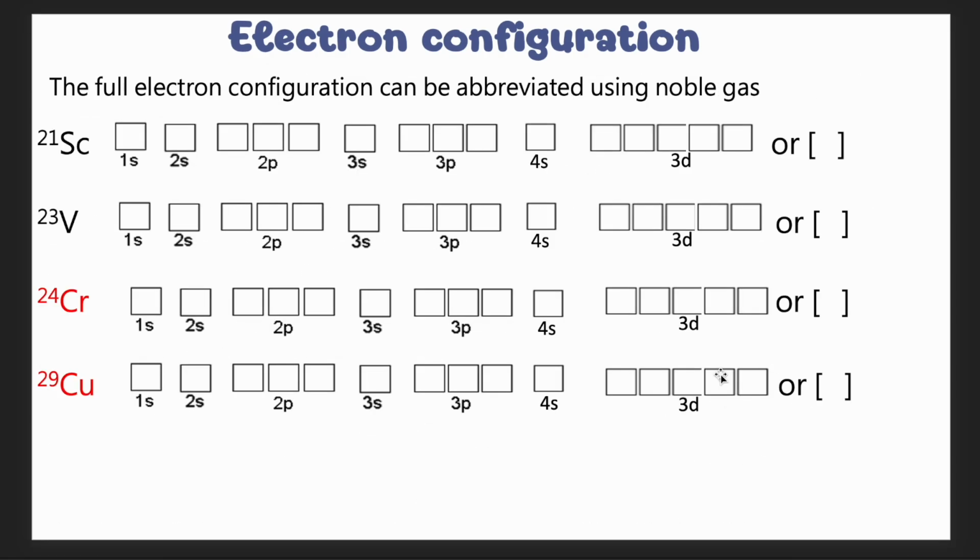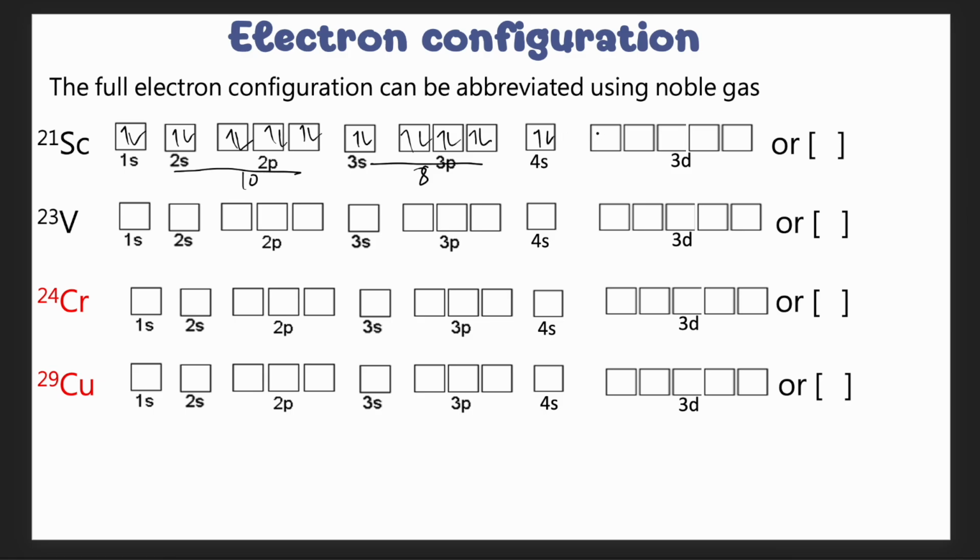Okay, let's continue with scandium. Scandium has 21 electrons. So here we just write the electron configuration. This total is 10, and when we add this here, the total is 8, so 18. So we need 3 more.